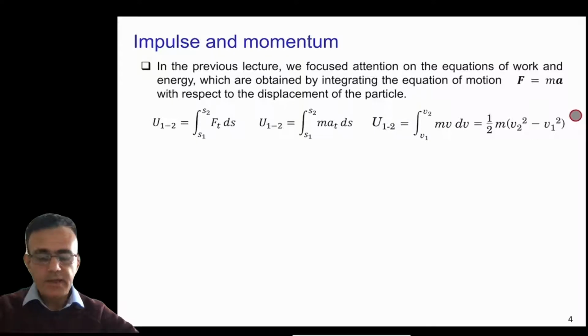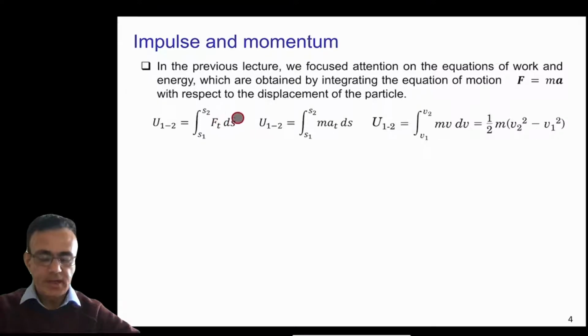Okay, so to start with today's topic, in the previous lecture, we focused attention on the equations of work and energy, which are obtained by integrating the equation of motion, F equals ma, Newton's second law, with respect to the displacement of the particle. In the previous lecture, we took the work done by a particle when it moved from position 1 to position 2, which is the integral of Ft ds.